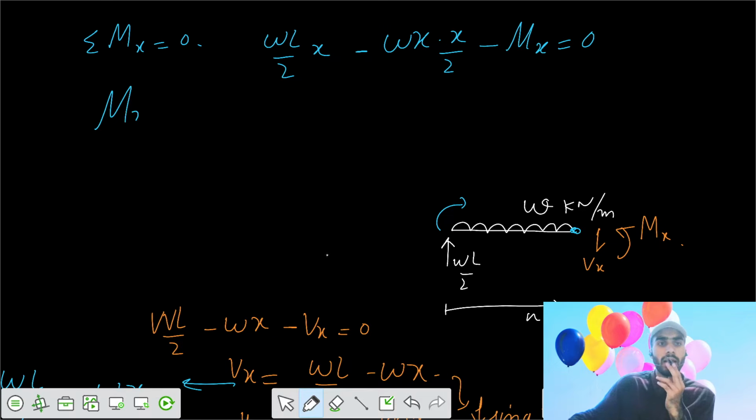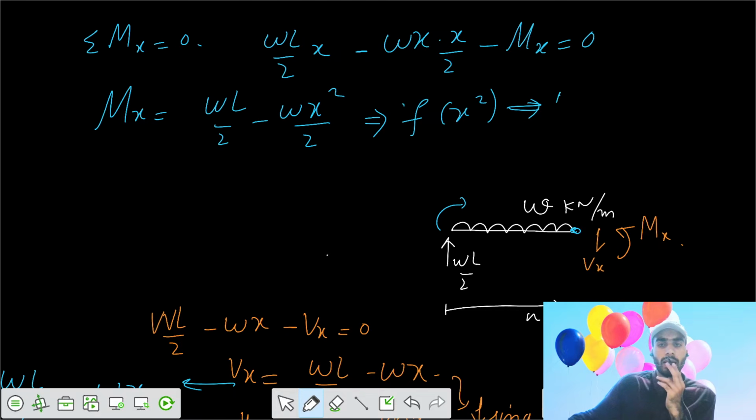So your moment variation is WL by 2 into x minus Wx squared by 2. It's a function of x squared, so your bending moment diagram would be a parabolic variation.